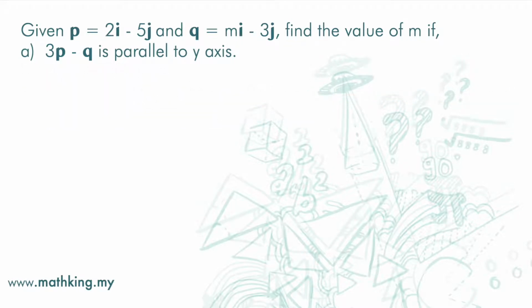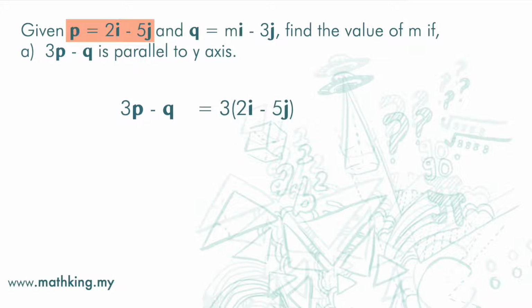Right, for question A, 3p minus q is parallel to y-axis. First, we are going to add vector 3p and vector negative q. Vector p is 2i minus 5j, and vector q is mi minus 3j.